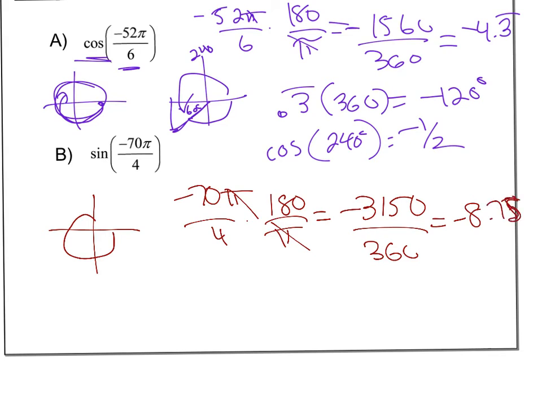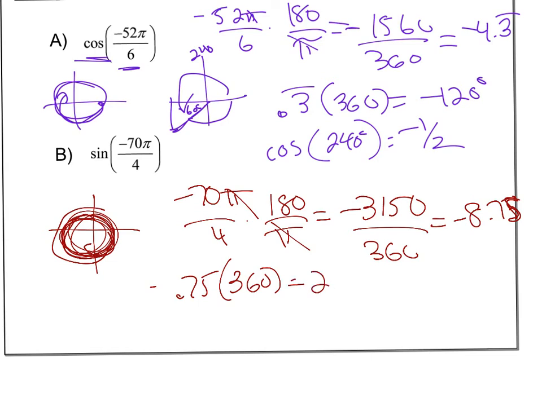Okay, so negative 8 rotations. So 1, 2, 3, 4, 5, 6, 7, 8, plus a negative 0.75. So if I go 0.75 negative times 360, I get negative 270. Which means on my last rotation, I go 90, 180, 270.